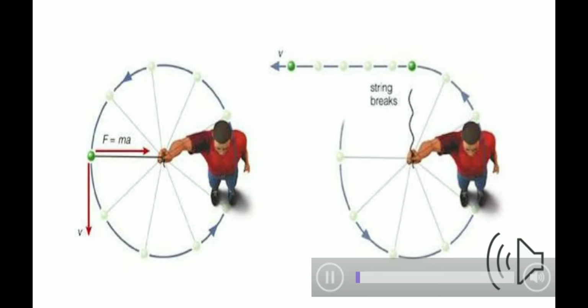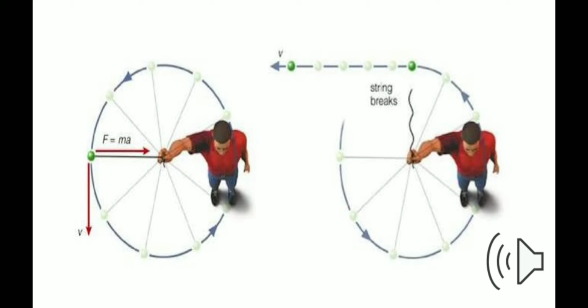So I mentioned that force is needed to produce any kind of change in velocity or produce acceleration in the body. So here we can see this boy is holding a ball from a thread and is swinging that ball in air. Now there is some force applied by the boy to hold the ball in circular motion.